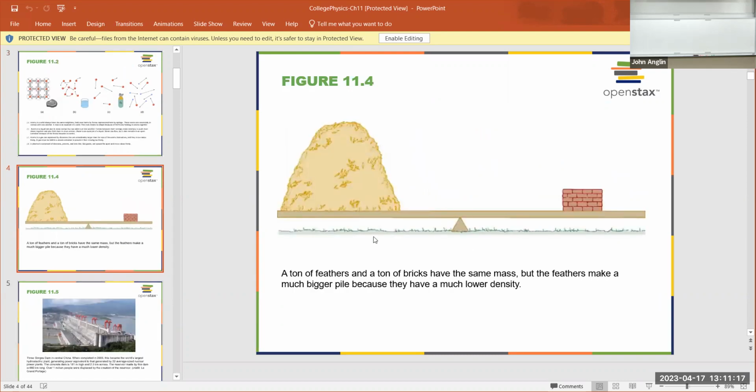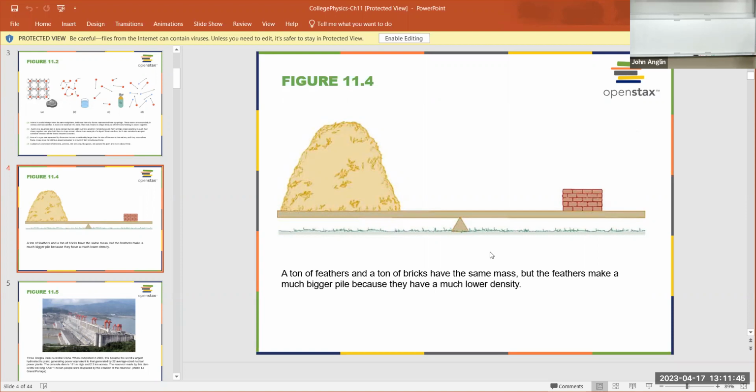One of the concepts that we need to understand when dealing with fluids is density. So what does density mean? Density is a measure of mass per unit volume or area, depending on which one you want.